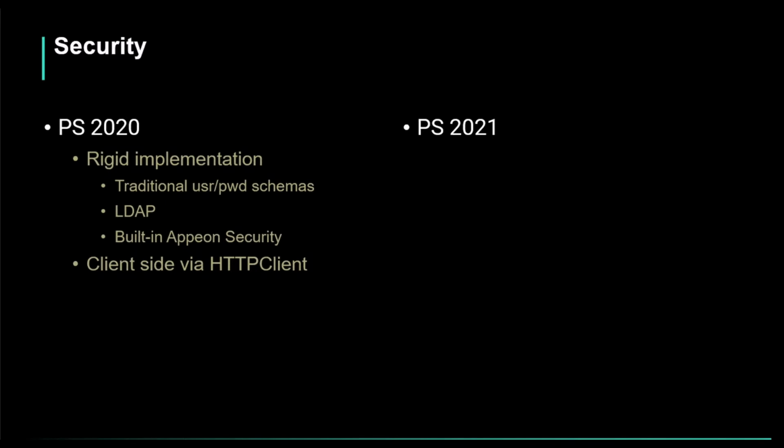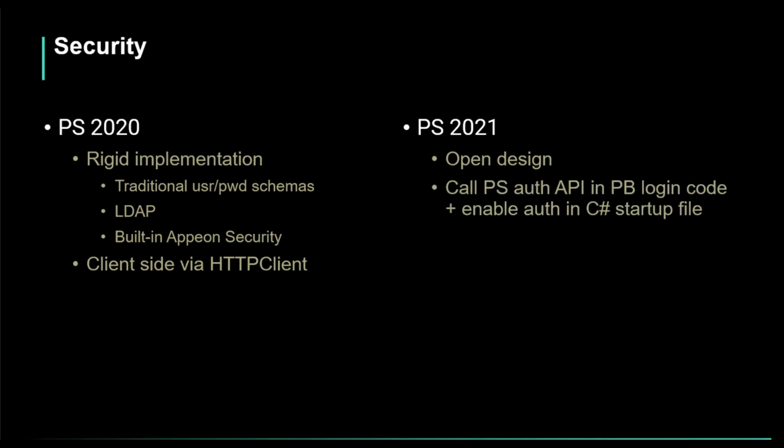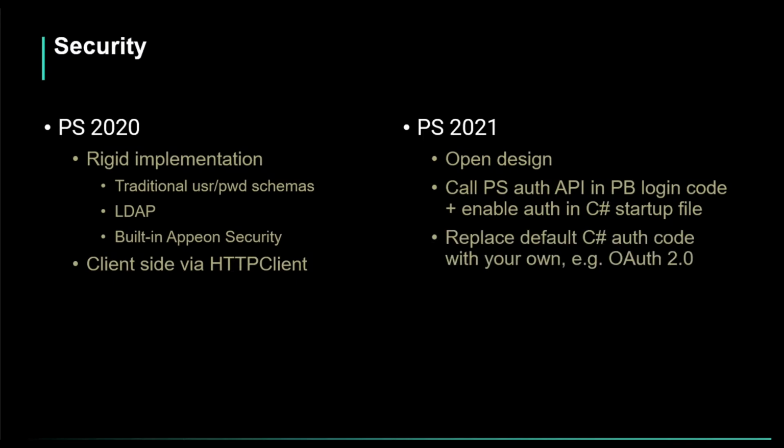That's why in PowerServer 2021, with its open design, you can definitely implement a larger variety of authentication schemas. You can call the PowerServer Open API in PowerBuilder login code and enable authentication in the C# startup file of the generated server API. You can use a JSON authentication token.